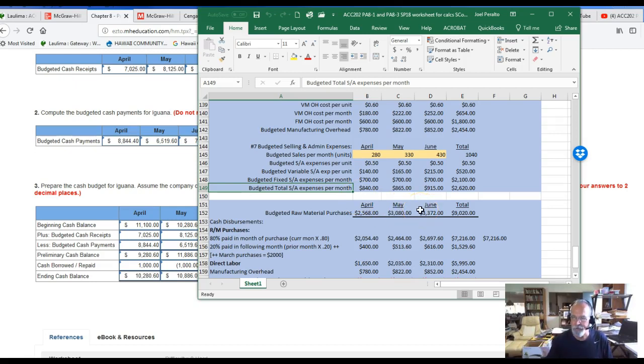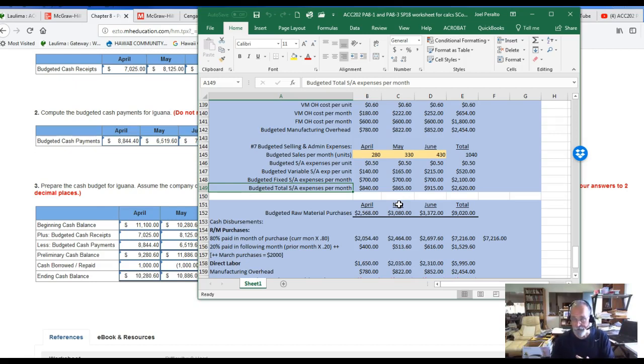We need to repeat those same calculations for problem PA8-3 in coming up with budgeted cash payments, because cash payments come off of or are based on expenses and costs.